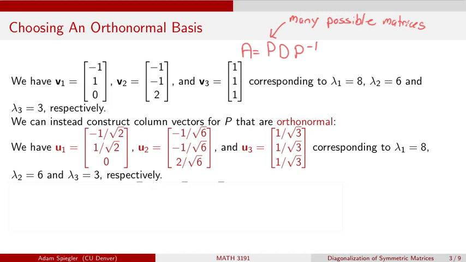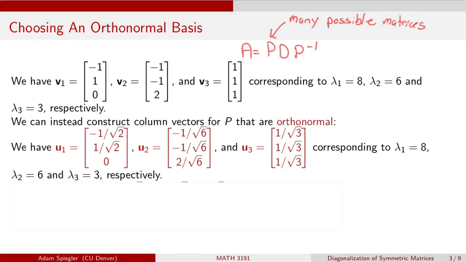So we scale it by 1 over square root of 3 to get the unit vector u3, which would be 1 over the square root of 3, 1 over the square root of 3, and 1 over the square root of 3. So by scaling these three vectors, we're not changing the fact that they're all eigenvectors for the same eigenvalues. We've just changed their length.